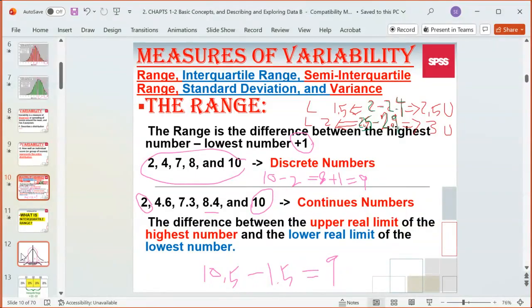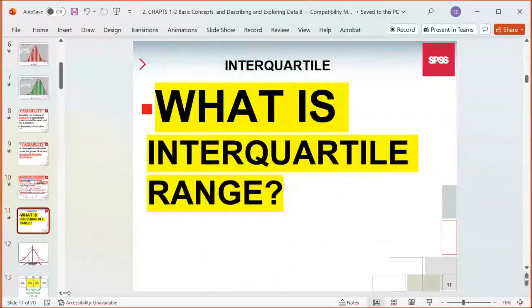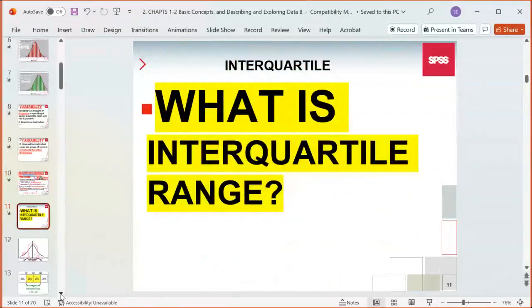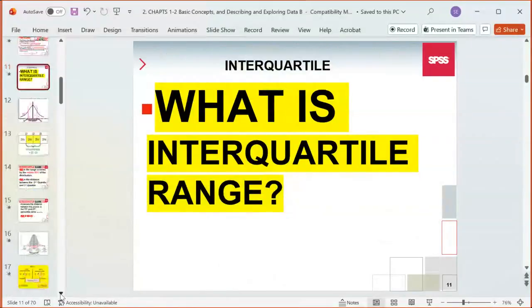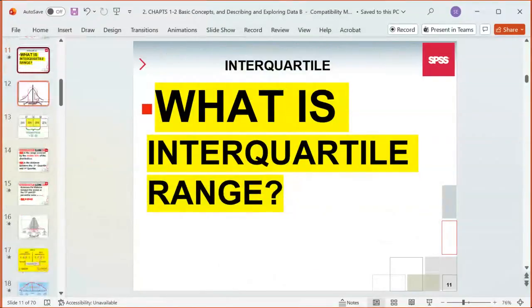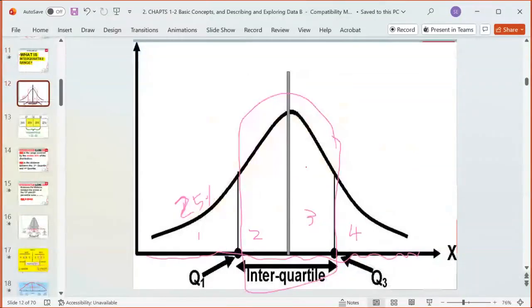Okay, as for the interquartile range, I know it's a mouthful, but it's really easy. Quartile means quarter. So this is your distribution, that normal distribution, and if you draw a line in the middle, that's your measures of central tendency: mean, median, mode. Then you have 2 halves, 50% on the right, 50% on the left.